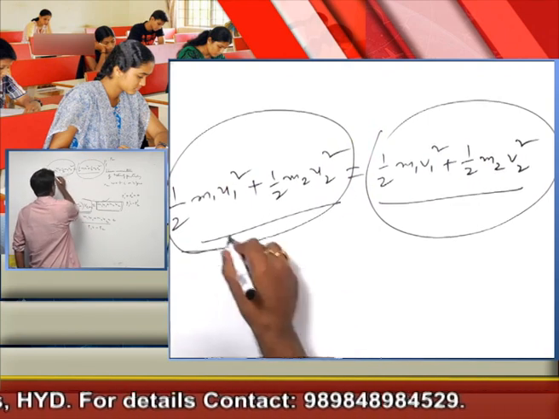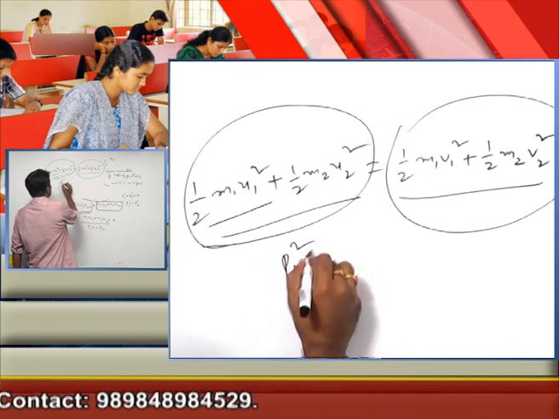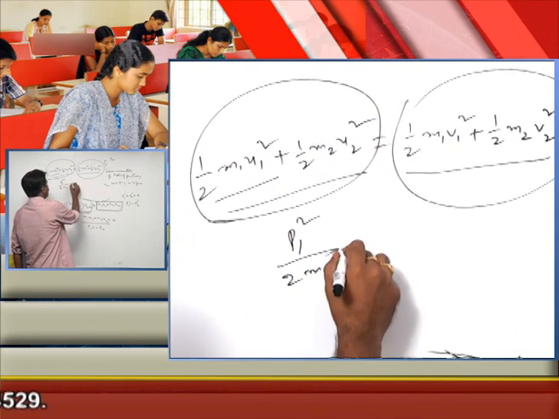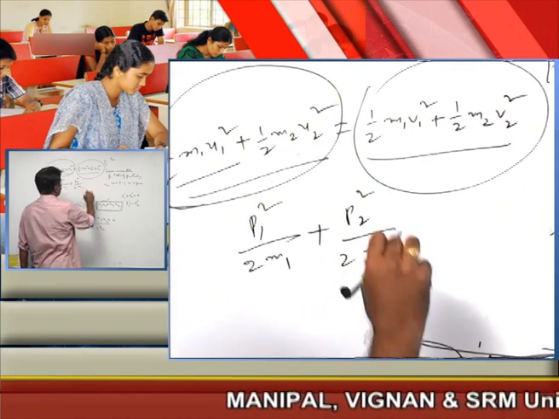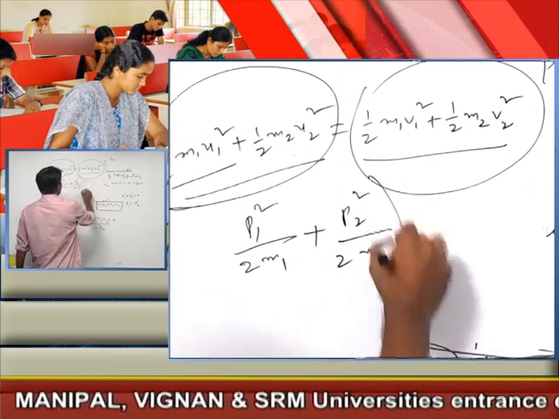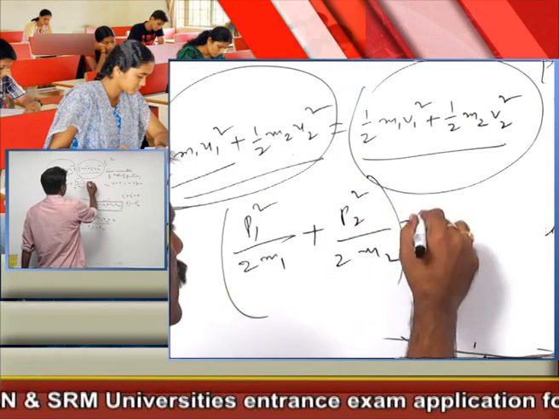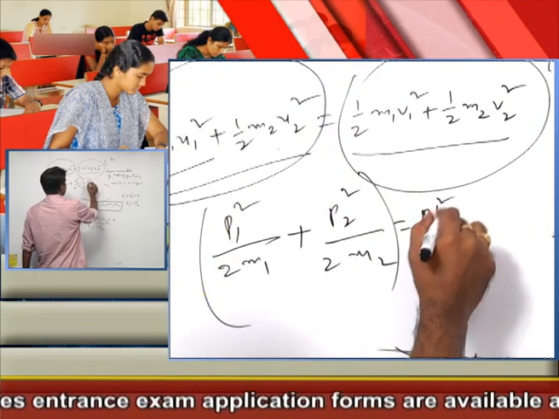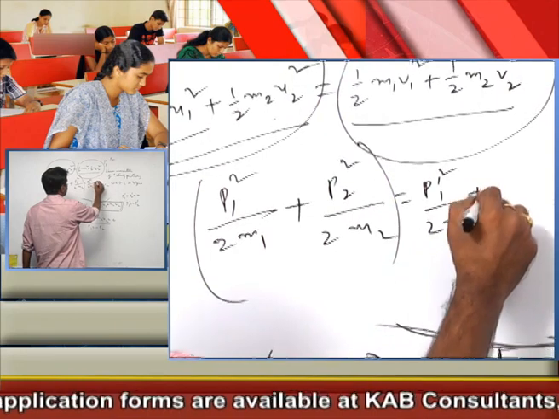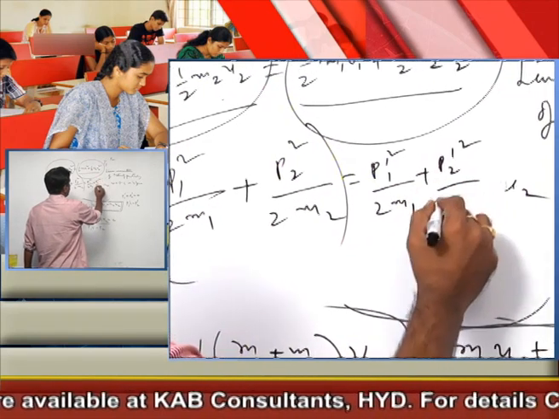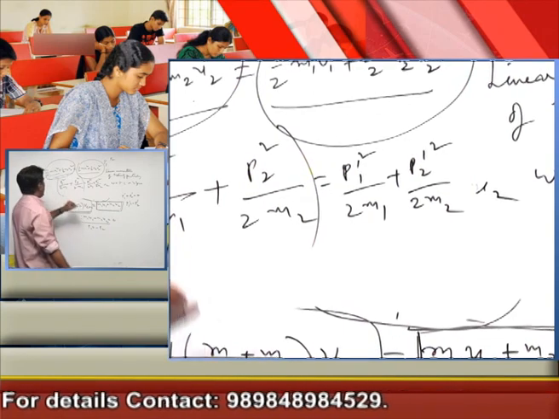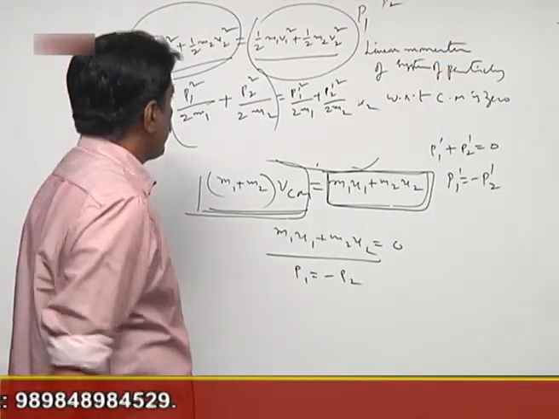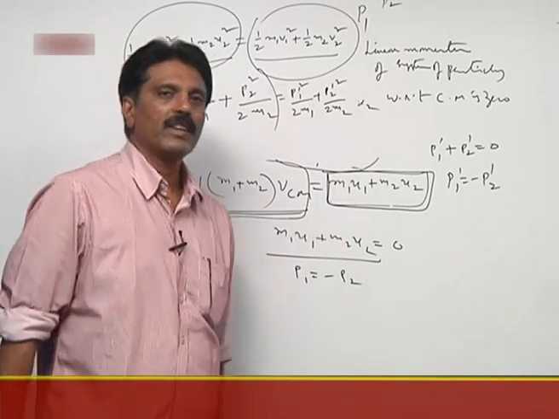Now, if you write this as P1 square by 2m1 plus P2 square by 2m2, this is equal to P1 dash square by 2m1 plus P2 dash square by 2m2. Because kinetic energy is nothing but P square by 2m, there is such a relation in work, power, energy.